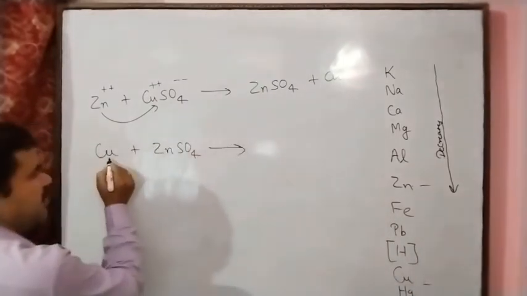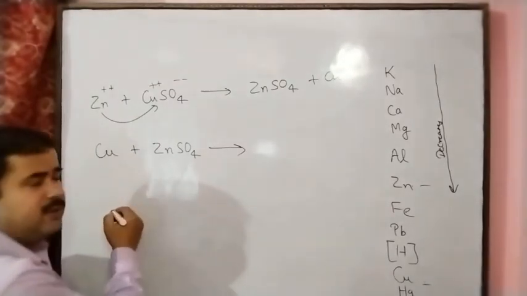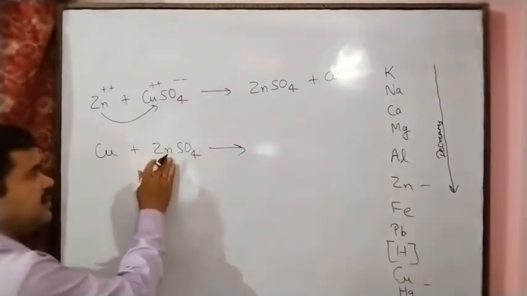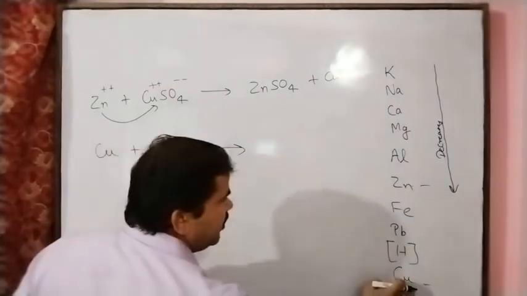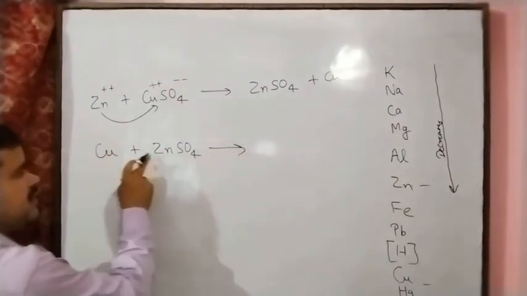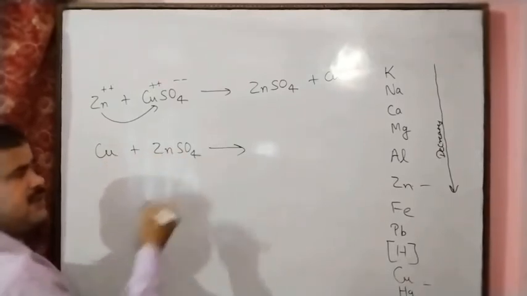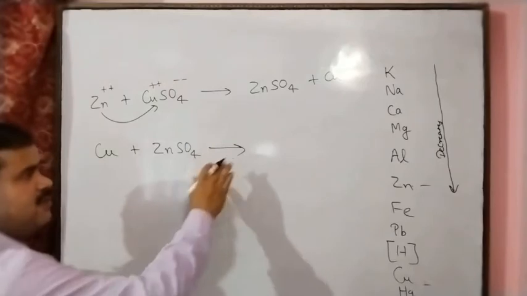So copper is the inferior element, meaning its reactivity is less than zinc. So copper cannot displace zinc from zinc sulfate. So this reaction will not be feasible.